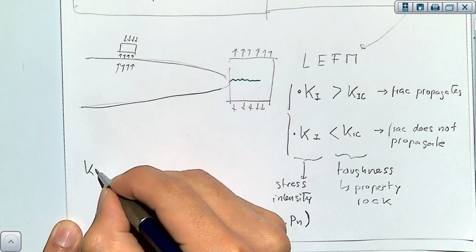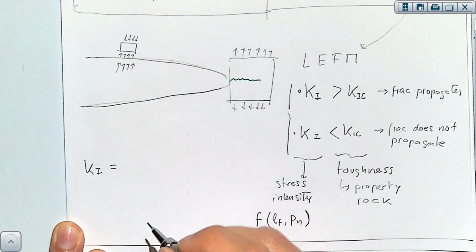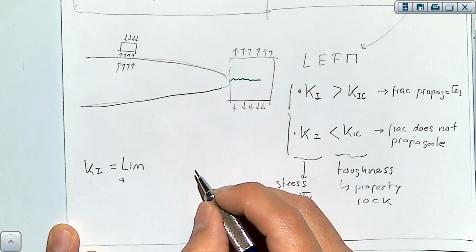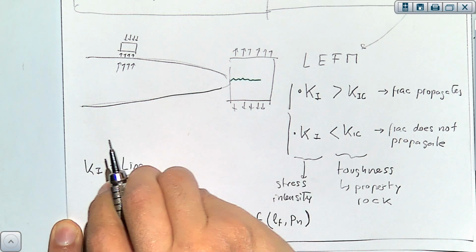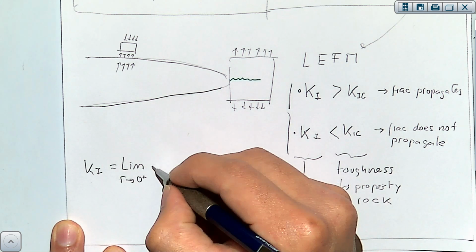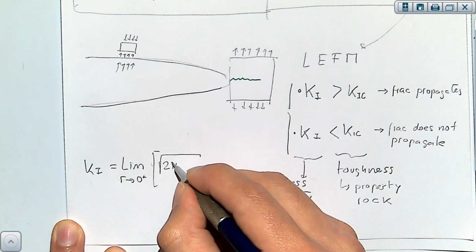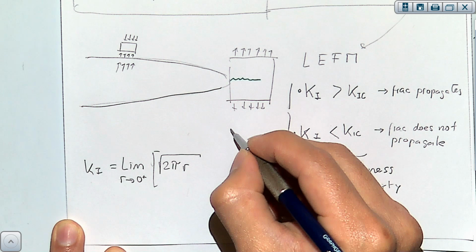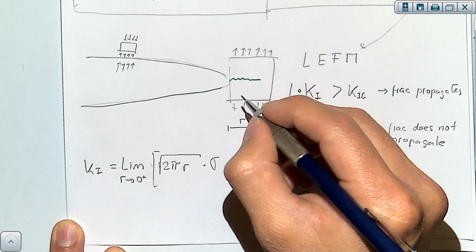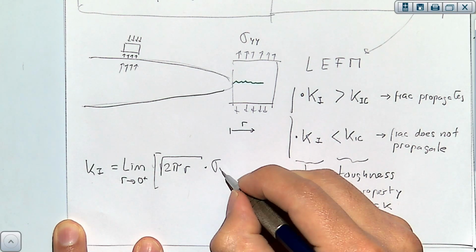Okay, and just to give you a preview of what this toughness is, we'll not go into detail about this right now, but toughness or intensity is defined as the limit of the product of two quantities, specifically the limit of distance from the tip times stress as you get closer to the tip.